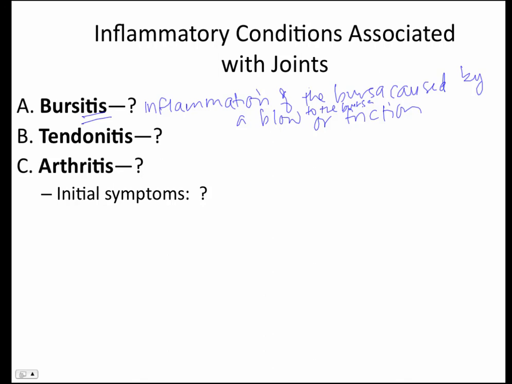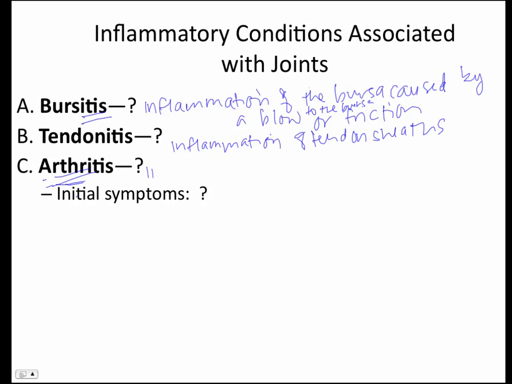Tendinitis is inflammation of that tendon sheath. And then arthritis, this is an inflammatory or degenerative disease of the joints. And really there are over 100 different types. It is considered the most widespread crippling disease in the United States. And so we're going to look at one example of this.